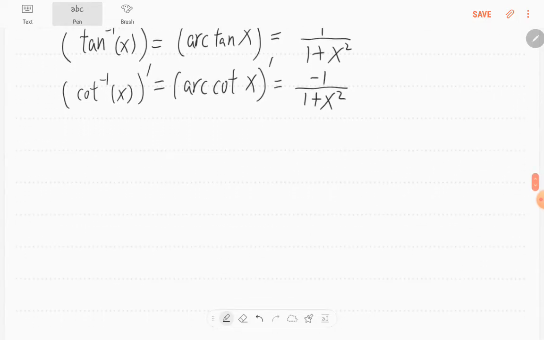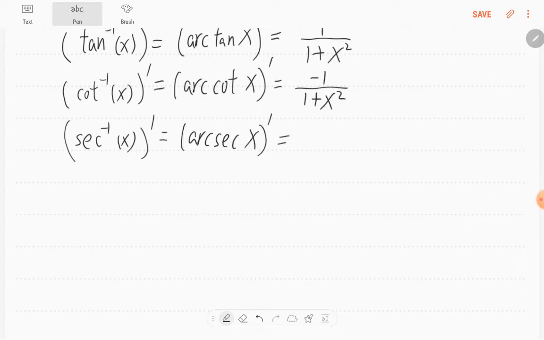And arc secant, or secant inverse, is equal to 1 over the absolute value of x times the square root of x squared minus 1.